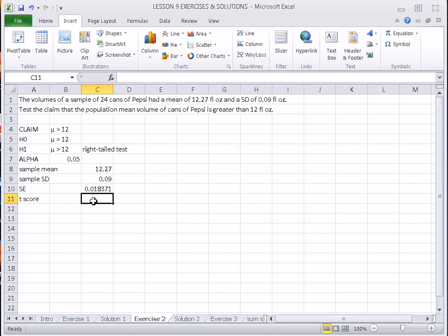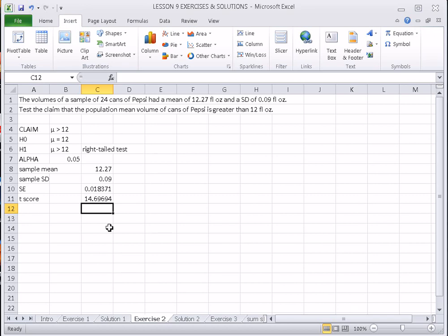And you probably already noticed that the t-score is actually positive, because if you're working with the right tail, the sample mean is greater than the assumed mean of 12. So I'm not going to worry about absolute values in this case. I need to divide that difference by the standard error. Wow, a t-score of 14.696.